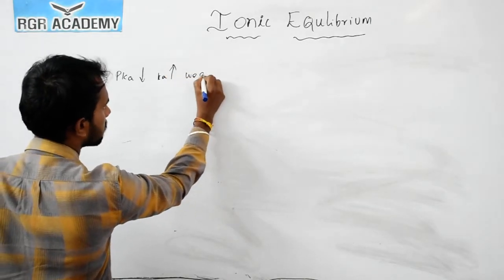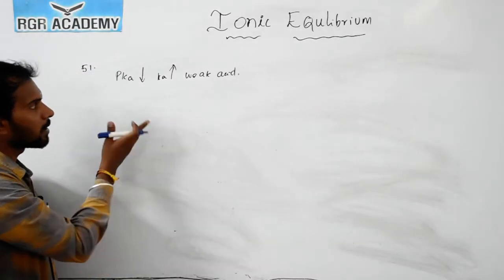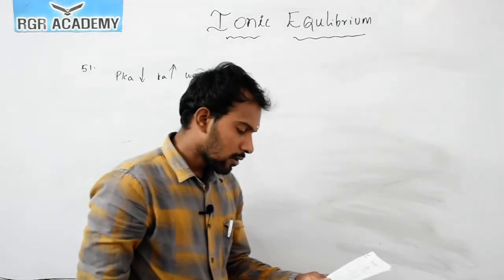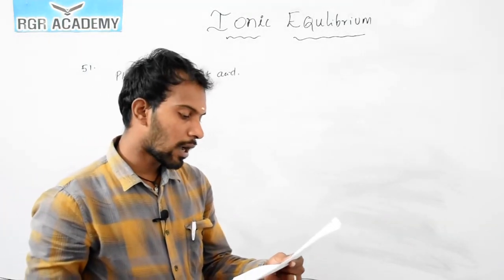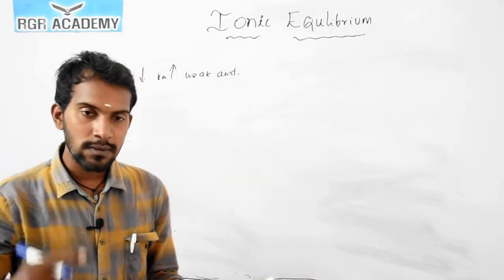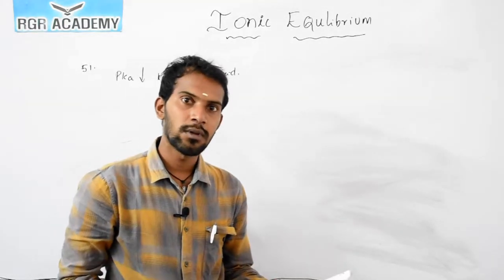You can call it a weak acid. For strong acid, pKa is greater, so Ka is lesser. So here the statement 1 is true. And phenoxide ion is more resonance stabilized. So phenoxide ions will involve resonance. Now see this one. The statement 1 is true, but statement 2 is false.